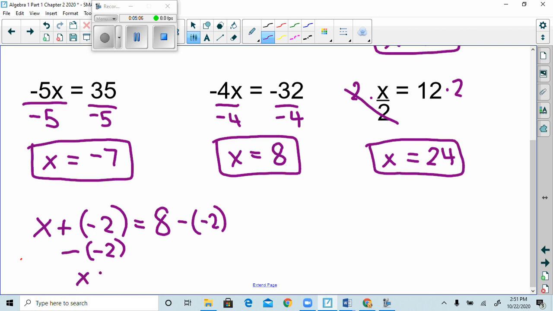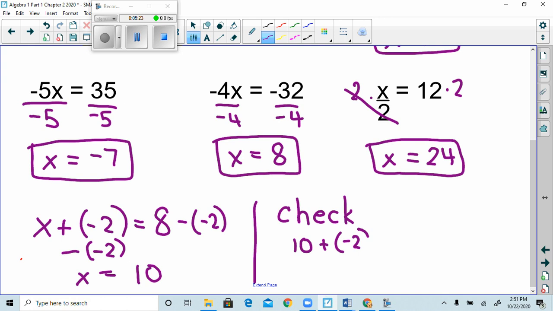And when I subtract, I add the opposite and I get x is equal to 10. If I'm not sure that I have the right signs and the right operation, I'll do the check. I'm going to put 10 back into that equation. I'm going to add a negative 2. I'm going to see that 10 plus a negative 2 will give me 8, and it worked.